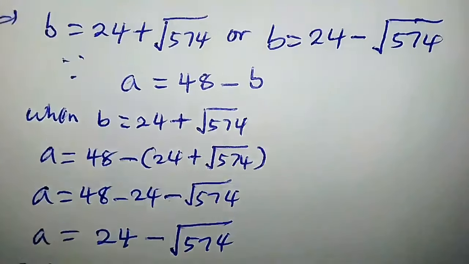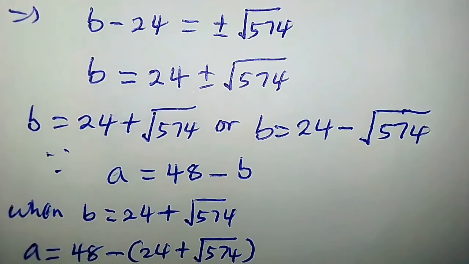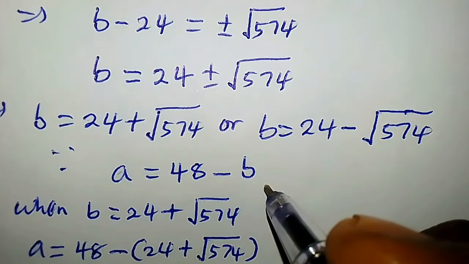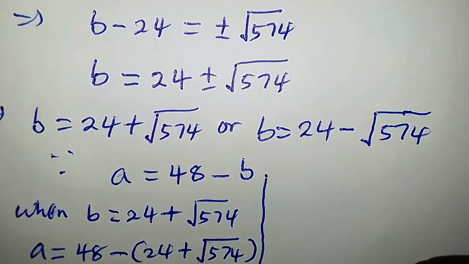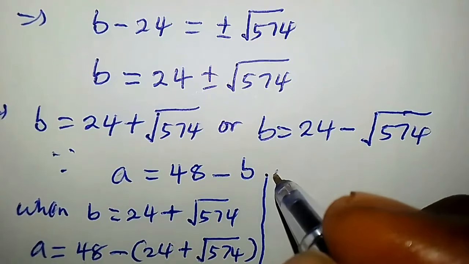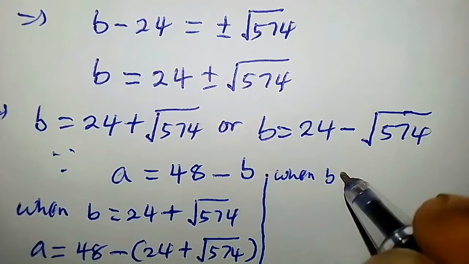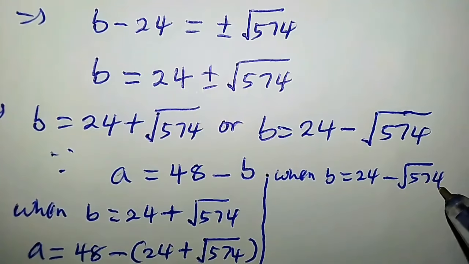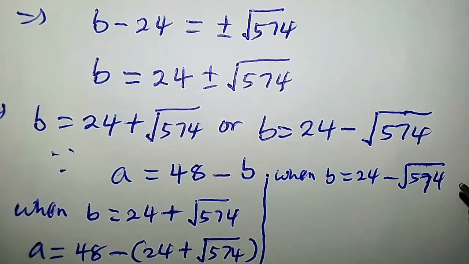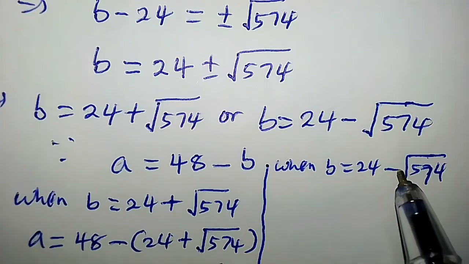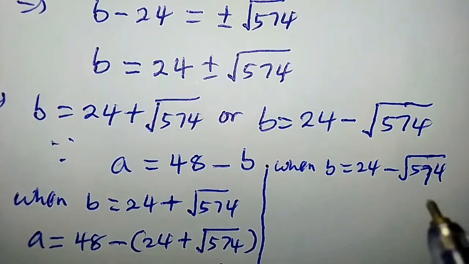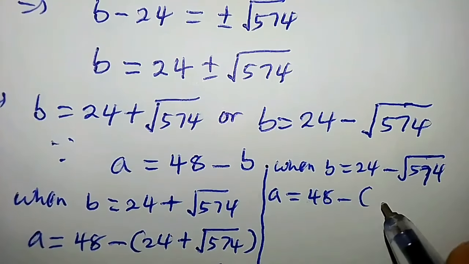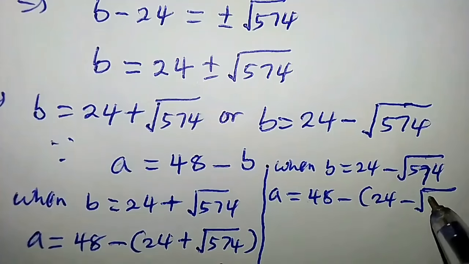Now, let's consider the other value of B, which is 24 minus square root of 574. When B is equal to 24 minus square root of 574, plugging this value of B into this guy, we have A equal to 48 minus 24 minus square root of 574.